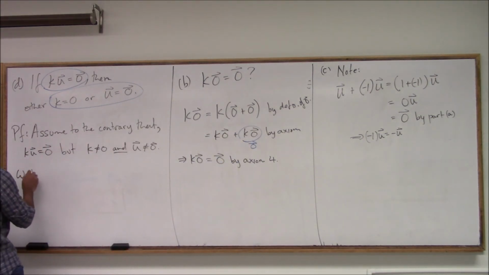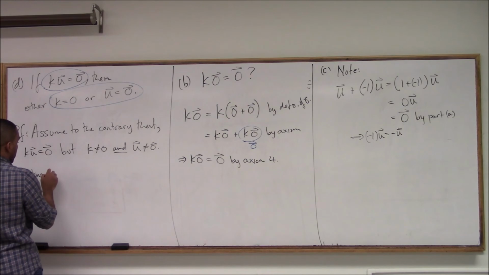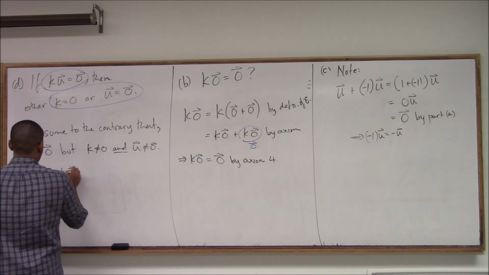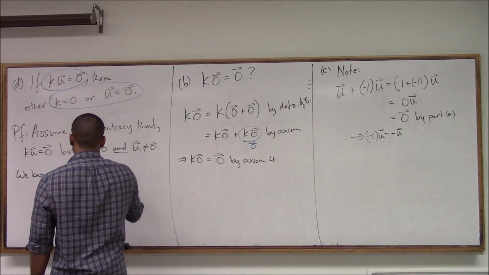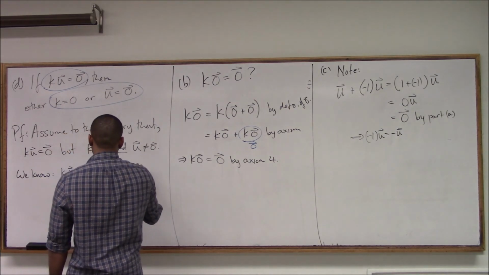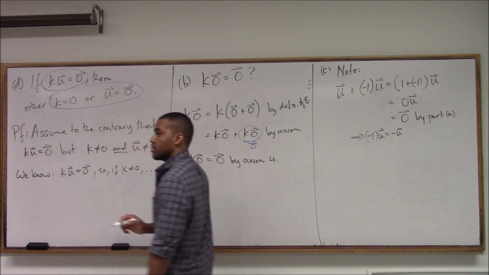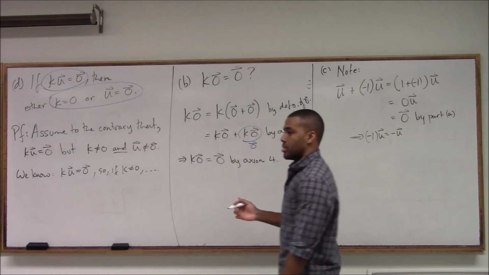We know, because we're assuming here, that k times u is equal to 0. So, if k is not equal to 0, what could I do here?